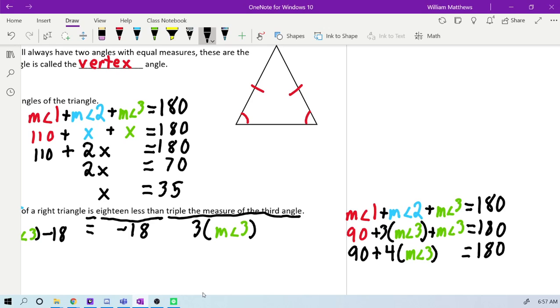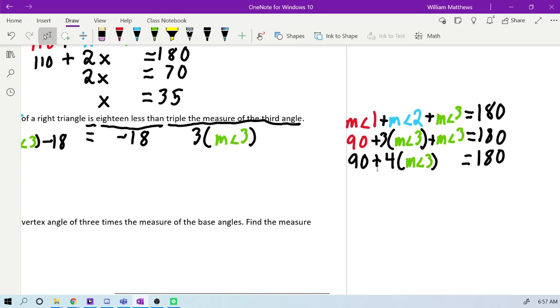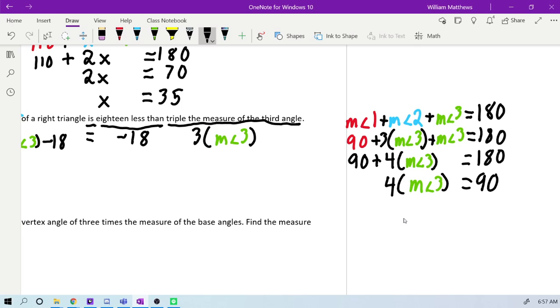So this is similar to our last problem where we combined the two x's. This time we combined the 3 of our measure of angle 3 and the 1 measure of angle 3. Now we have the same process where we're going to subtract 90 from both sides. And then we need to divide by 4.